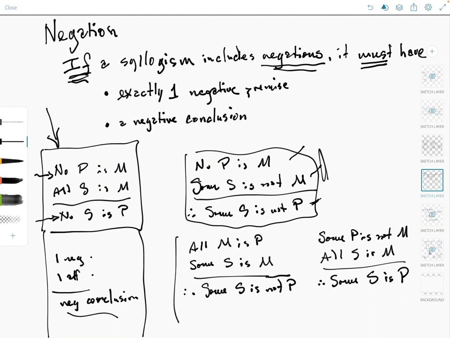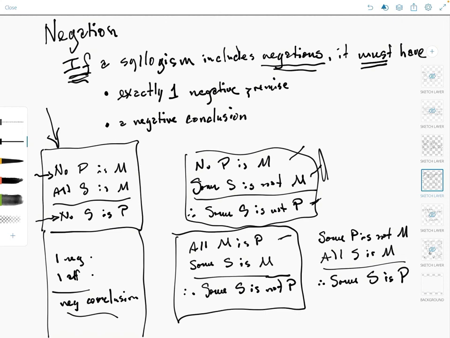All right, let's look at this second example. All M is P, some S is M, therefore some S is not P. Again, we do have negations involved in this syllogism, but the problem is we don't have exactly one negative premise, and this time it's not because they're both negative, that's the "exactly one" part of that rule, but it's because none are negative.